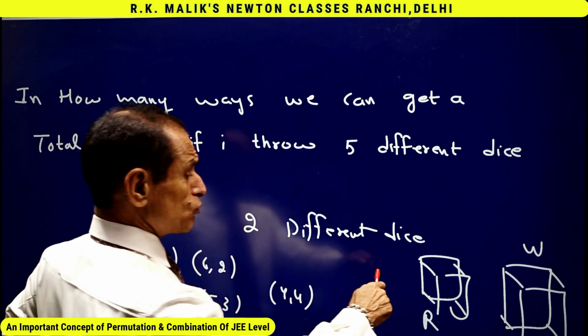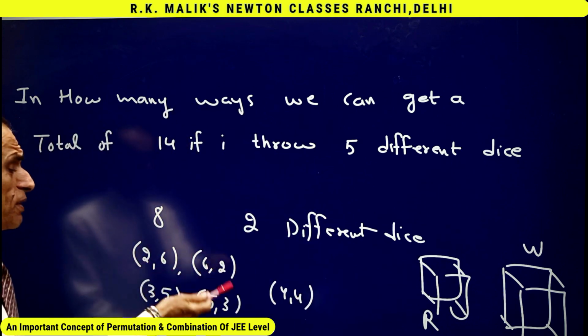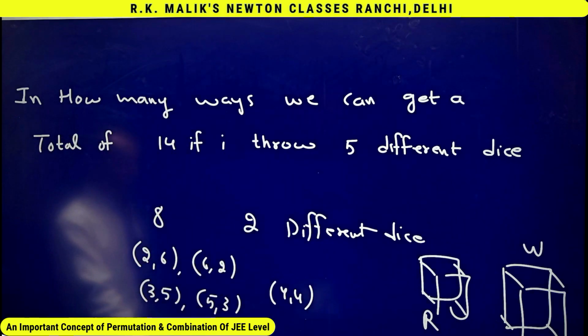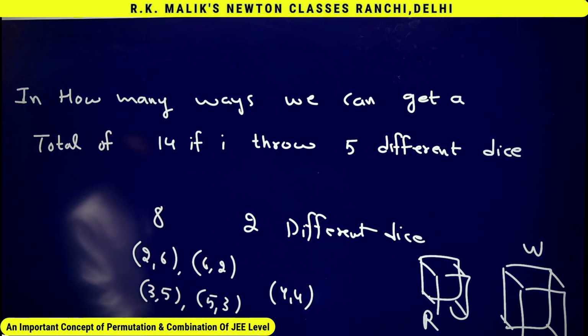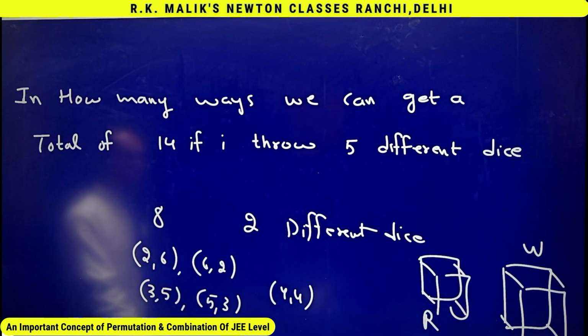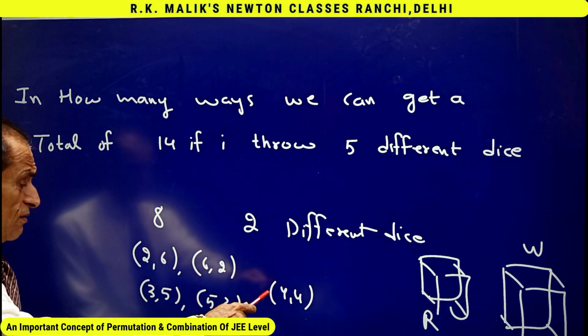But in the case if both the dice are identical, then these two will not be taken as two different outcomes. Then this and this will be taken as same outcome. That is, in the case of 2 identical dice, the number of ways of getting a total of 8 will be only 3. This and this.